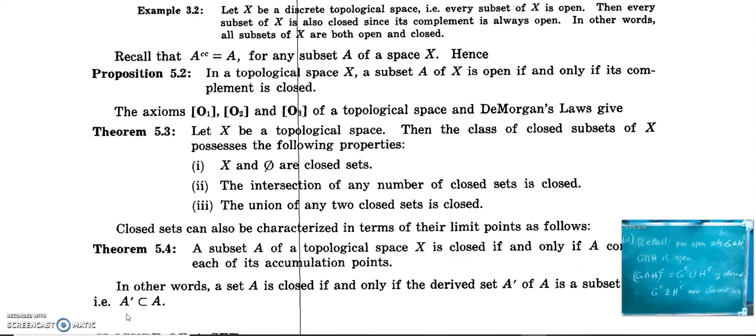Or in other words, A is closed if and only if the derived set is contained in the set itself. So that's it. In my next lecture, I'm going to discuss closure of a set.